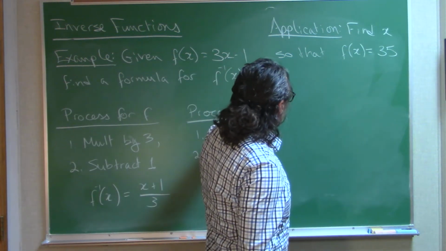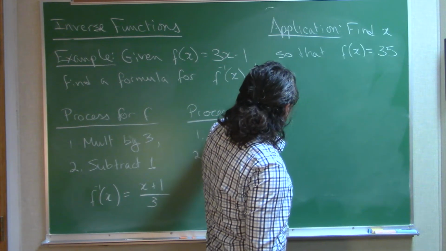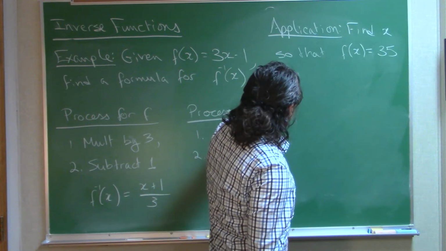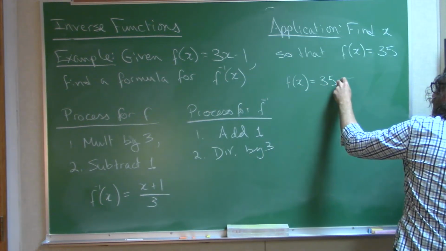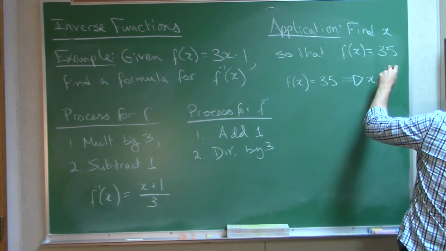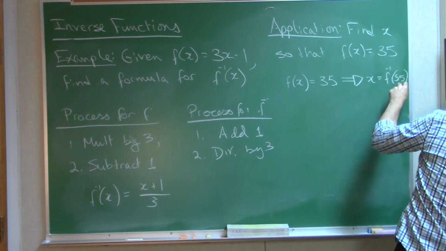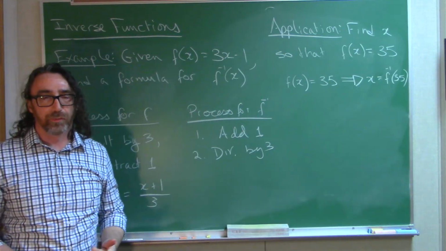So the way to do that here is this right here. To say f of x equals 35, well, if that's true, then we must have this right here. Okay, x equals f inverse of 35.